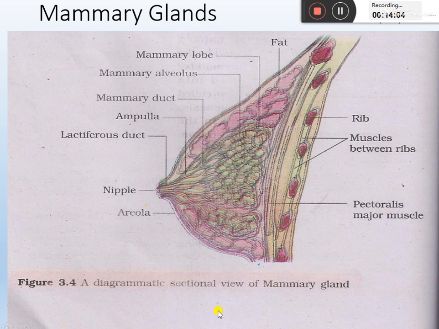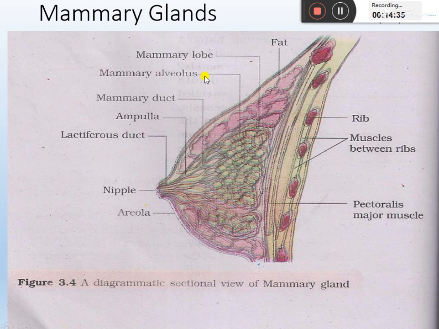Mammary glands contain the mammary lobes. In mammary lobes, the mammary alveoli are present. Each alveolus has a lumen in which it secretes the milk. This mammary gland is covered by fatty cells.